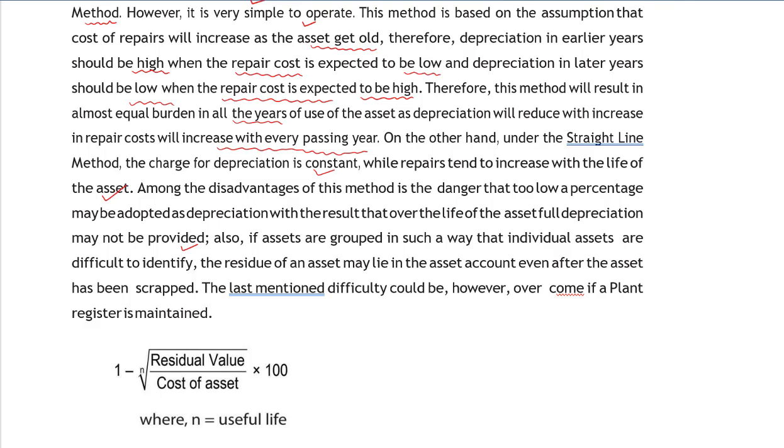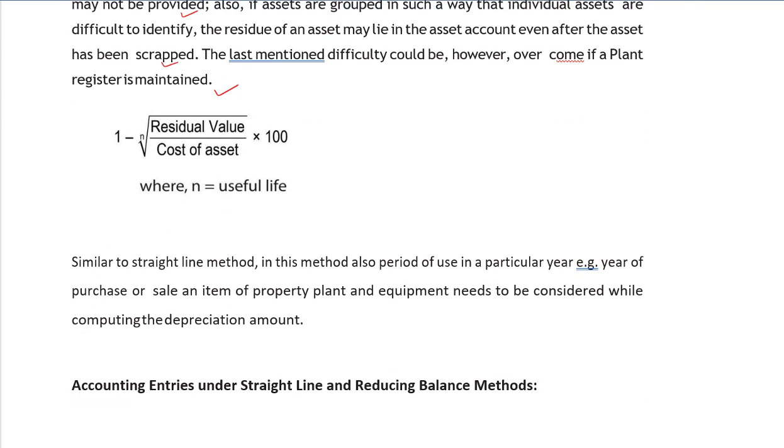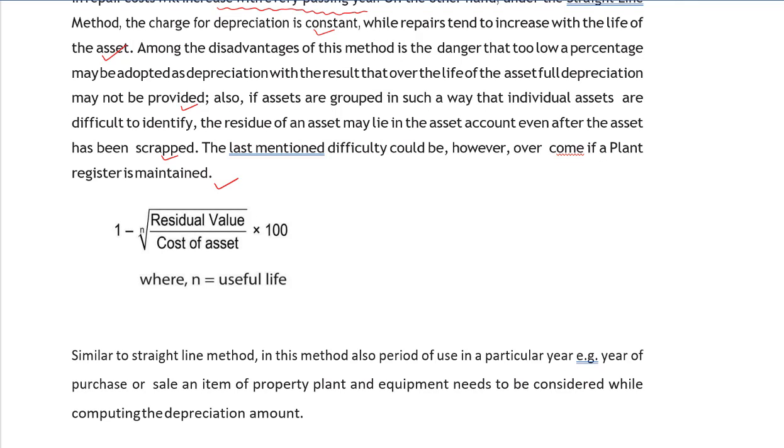Also, if assets are grouped in such a way that individual assets are difficult to identify, the residue of an account may lie in the asset account even after the asset has been scrapped. The last mentioned difficulty could be overcome if the plant register is maintained properly in the business.